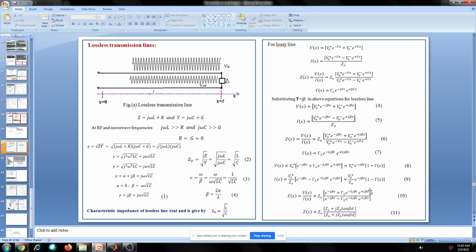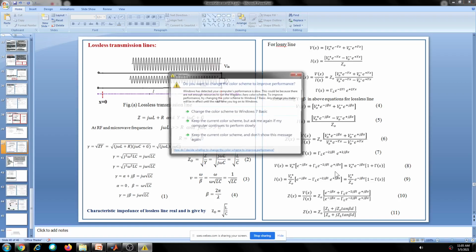Now further, if you simplify this, you take e to the power j beta x outside. The remaining is a 1 here, and this term becomes e to the power minus 2 j beta x, because minus j beta x is there, so you should divide by e to the power j beta x.